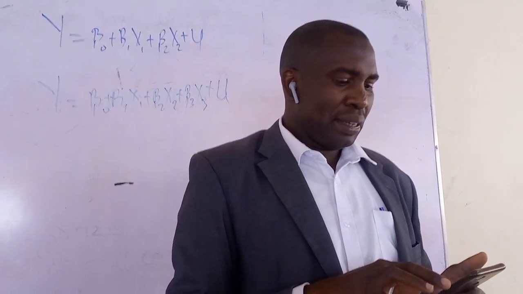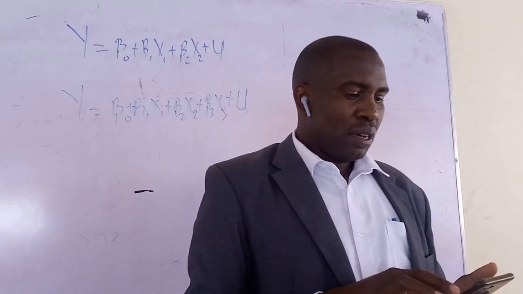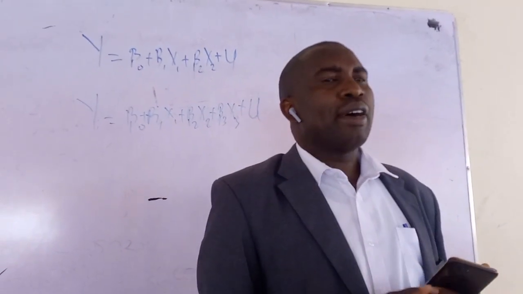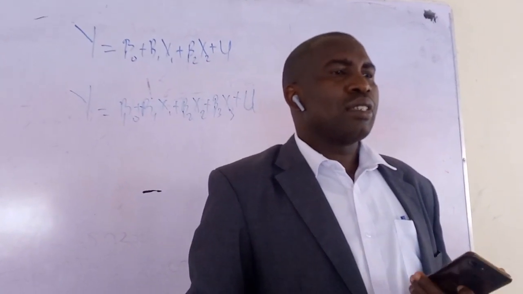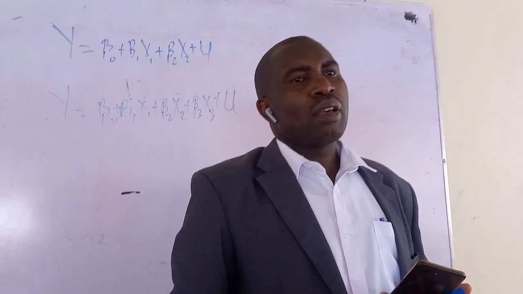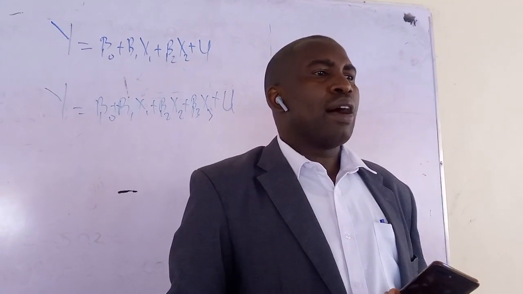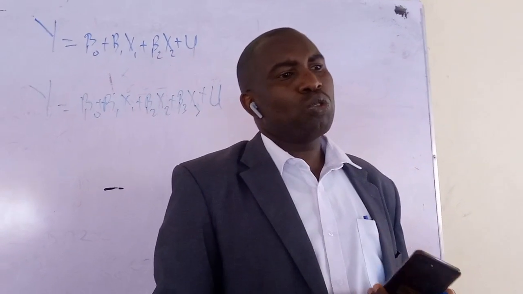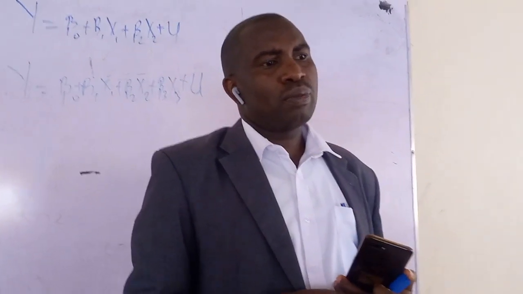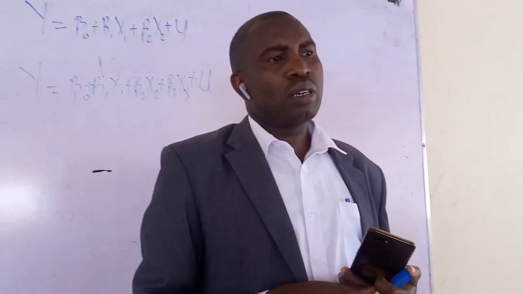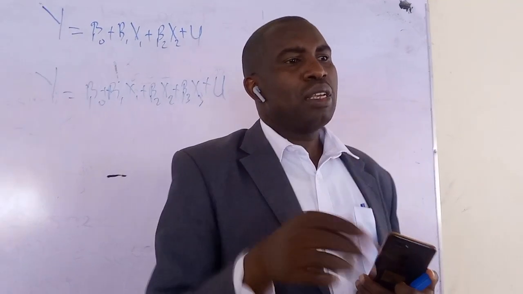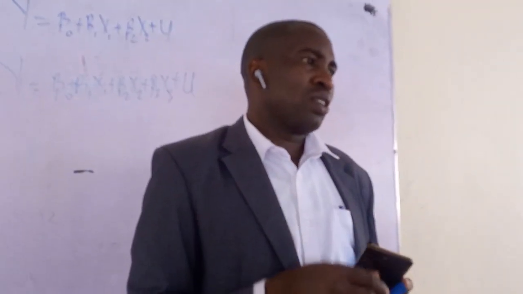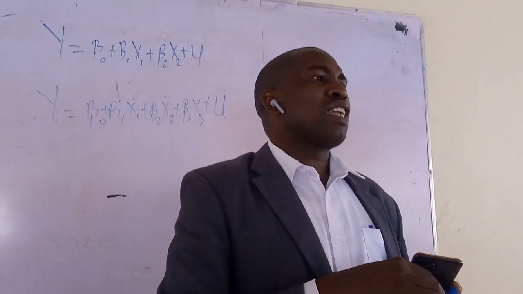But the problem with this is, could there be any other way you can do this? Could there be another way you can test, other than just testing in general whether you have omitted?